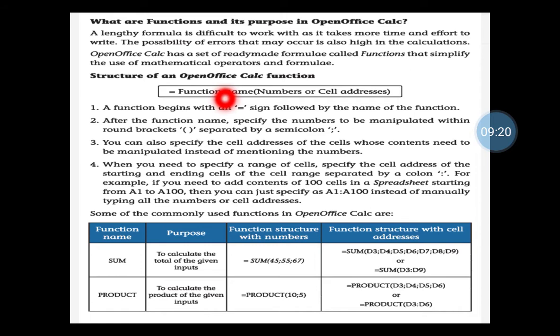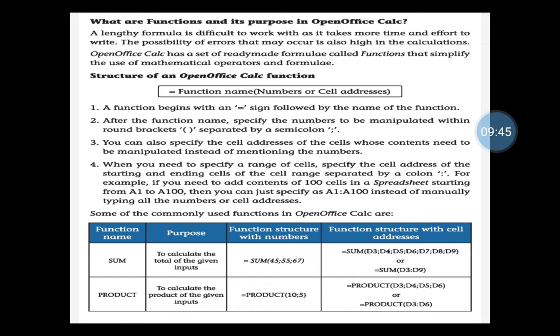Then write 100, put the semicolon, and then write 200, because we are using this symbol to separate two numbers. Then your answer will come, that is 300, because we are adding the numbers.